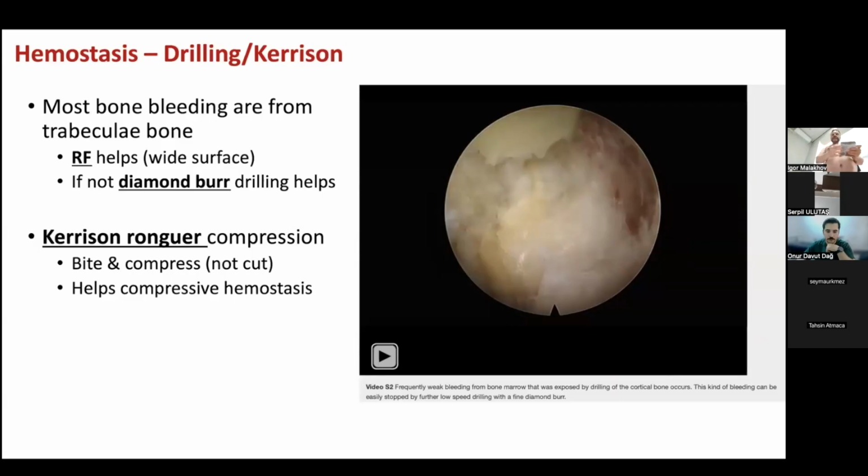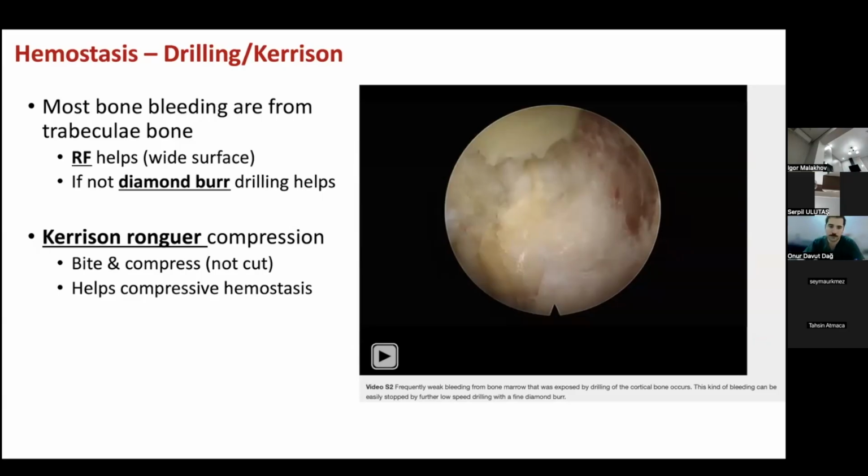Many surgeons, especially in their early career of endoscopic surgery, would have difficulty in controlling bone bleedings. However, we can understand that most of these bone bleedings don't come from the cortical bones. They mostly come from trabecular bone. And if you have a wide surface RF, it really helps you do coagulation on the bone.